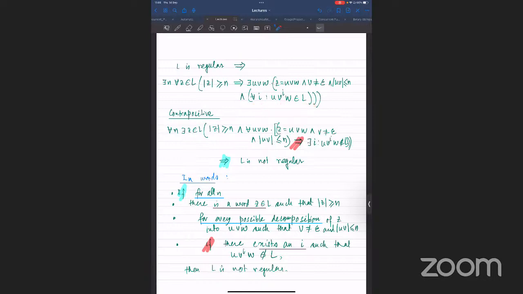So all I'm saying is that if L is regular, then this has to be satisfied. What about the converse?